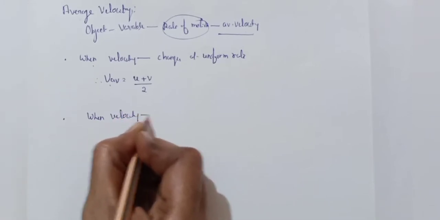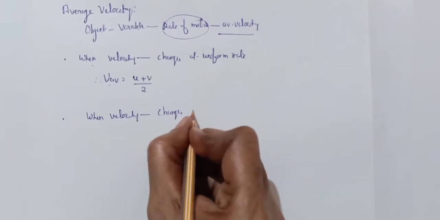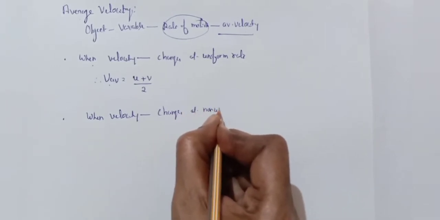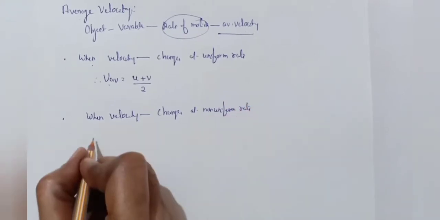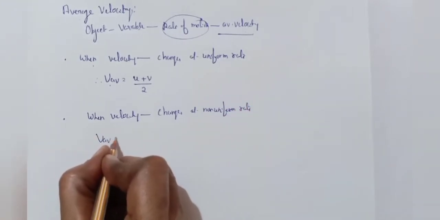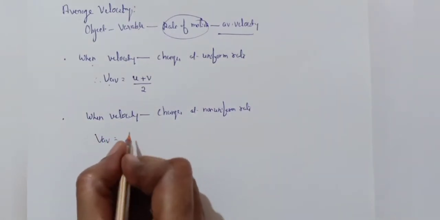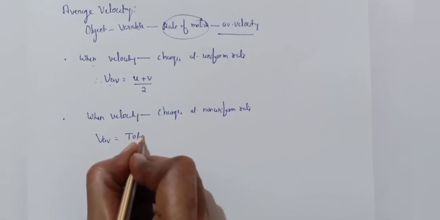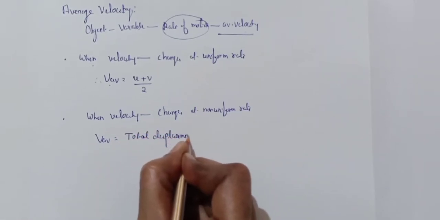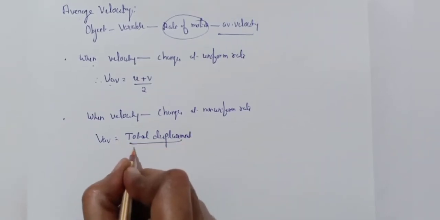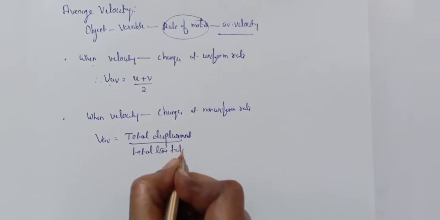Next, when the velocity of the body changes at non-uniform rate, then the average velocity is given by the ratio of the total displacement to the total time taken.